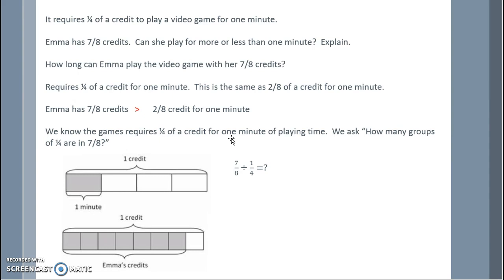We want to know how many 1/4 can go into 7/8. I can create a common denominator by breaking my fourths into 2 pieces each. So 7/8 divided by 2/8 gives us 7/2, which is 3 wholes and 1/2 left over.